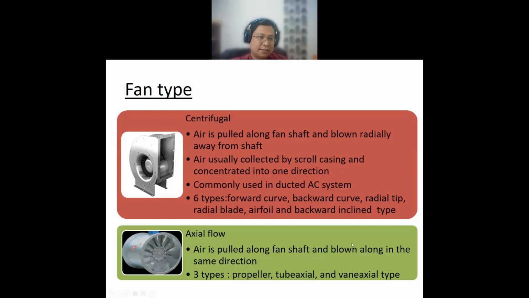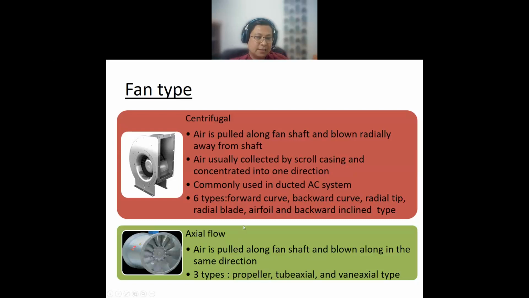So we have six under centrifugal. This one is easy to recognize because its direction is perpendicular from the axial.